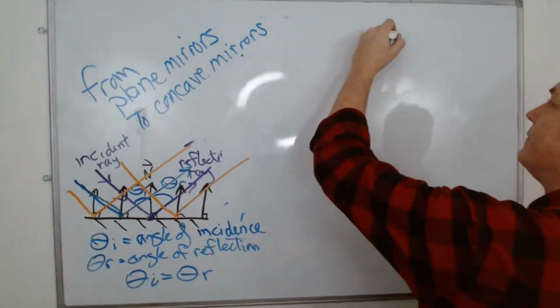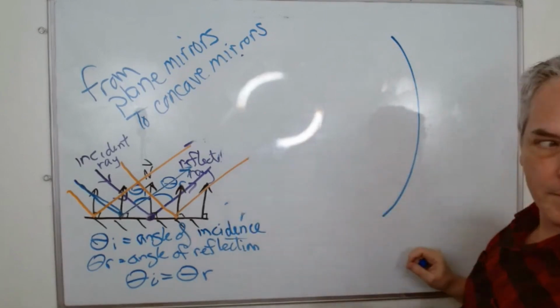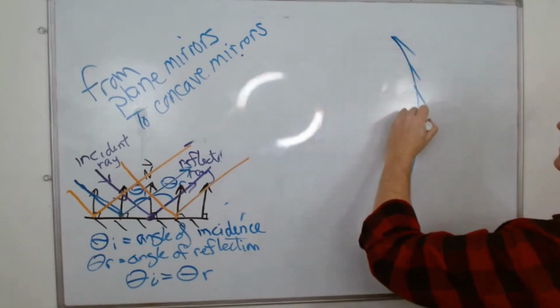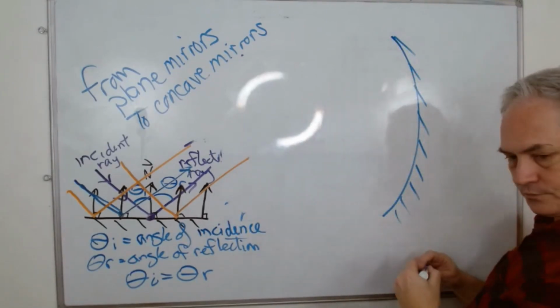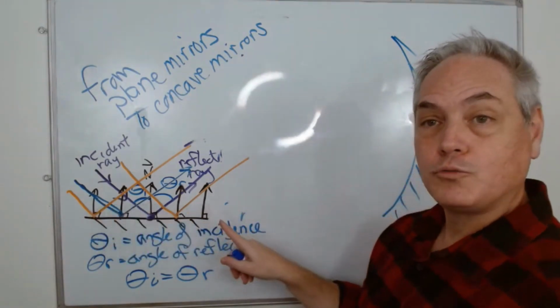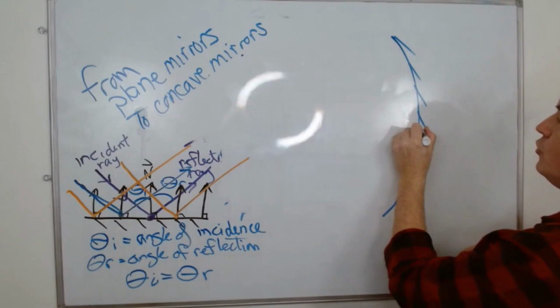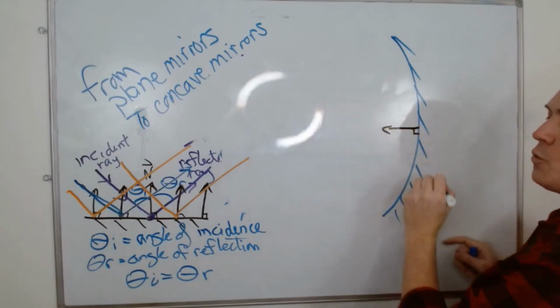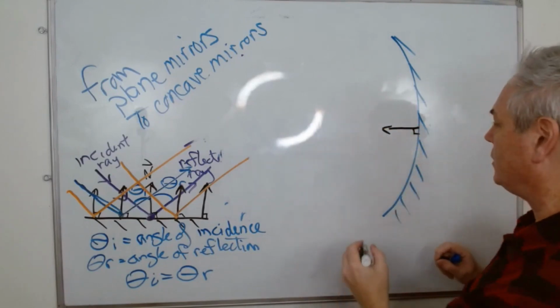So if I have a mirror that looks like this, and you think of the normals we have here, the normal will be perpendicular to the mirror.